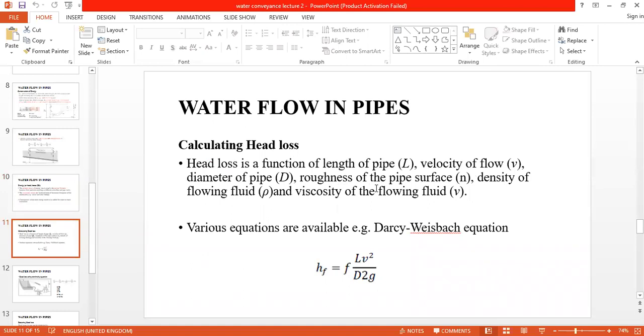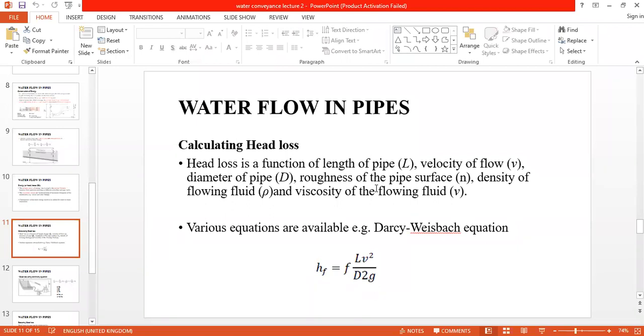So yeah, like I said, now we have to calculate this head loss in our pipes. Then now, when we calculate this head loss, we know that, okay, if we apply a certain amount of energy in our pipes to push the water to our farms, part of that energy will be lost due to friction.